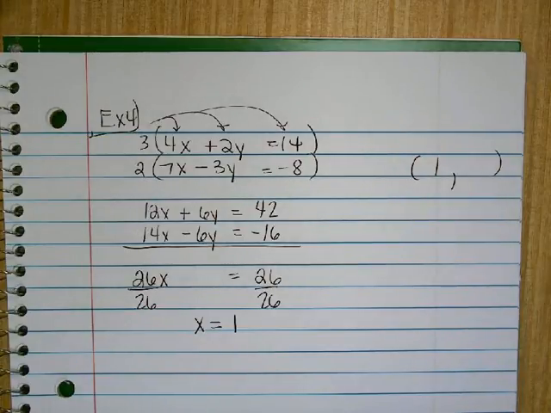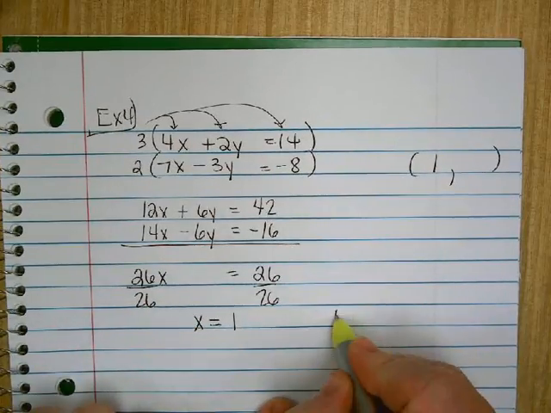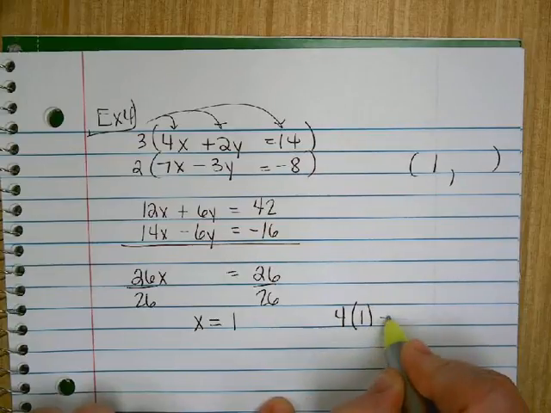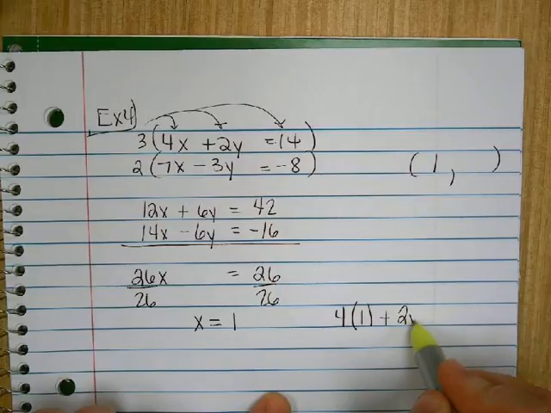Okay. Please use the original. We're going to use the top original equation. So x gets replaced with 1. So 4 times 1 plus 2y is 14.